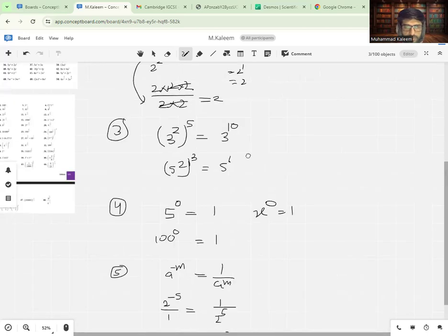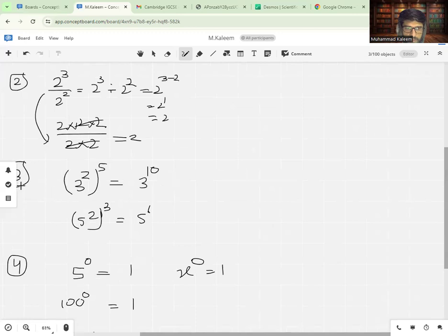There is also another type of double index. Like if we have 3 raised to the power 2, with exponent 3, what's the meaning of this? Ignore the 3 at first and just solve 2 raised to the power 3. What's the meaning of 2 raised to the power 3?